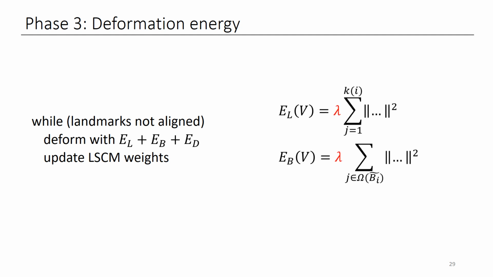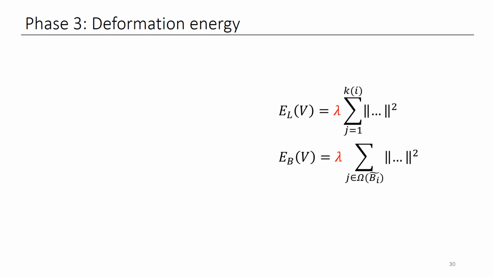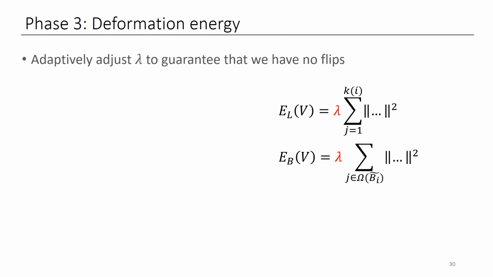When lambda is small, the map will be injective, but the constraints are generally not satisfied. Conversely, when lambda is large, the user constraints are satisfied, but flips may be introduced. The idea is to adaptively adjust lambda to guarantee that we have no flips. In our experiments, we start with 1000.